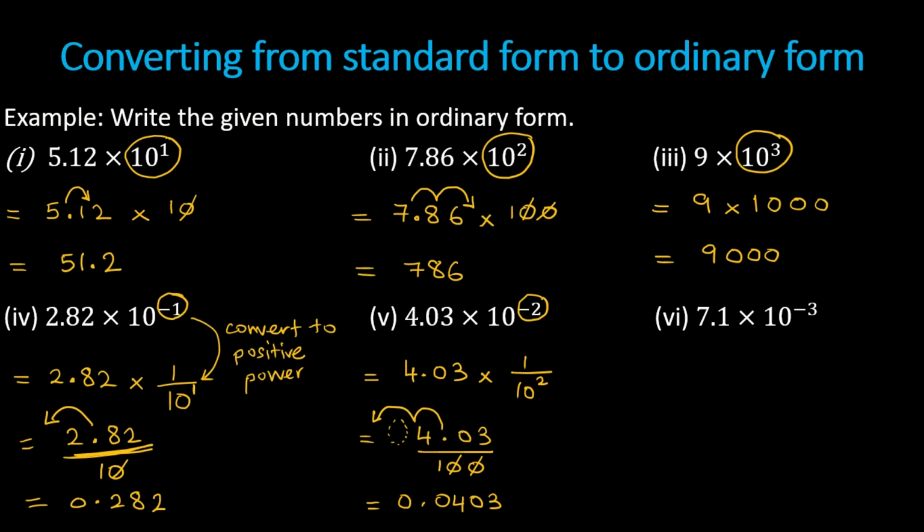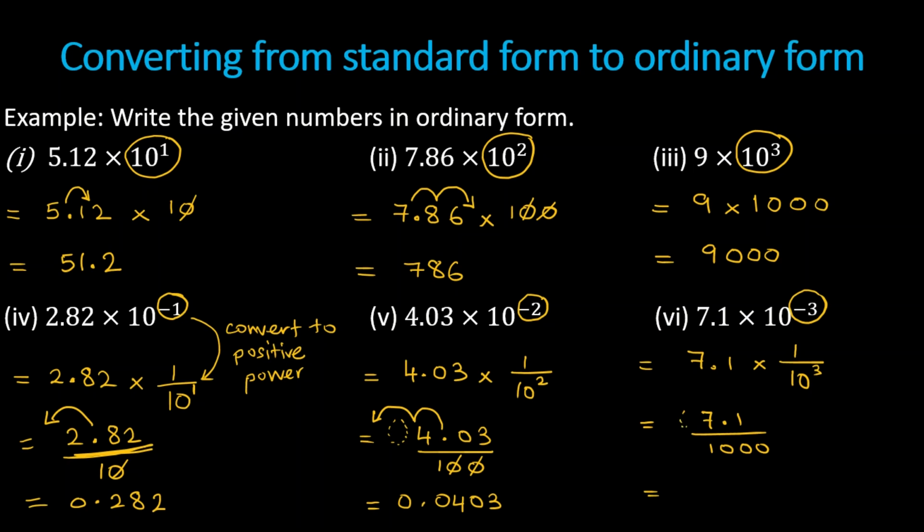Right, the last part, I have 7.1. We convert the negative power to positive by taking the reciprocal. This is simply 7.1 over 1000.